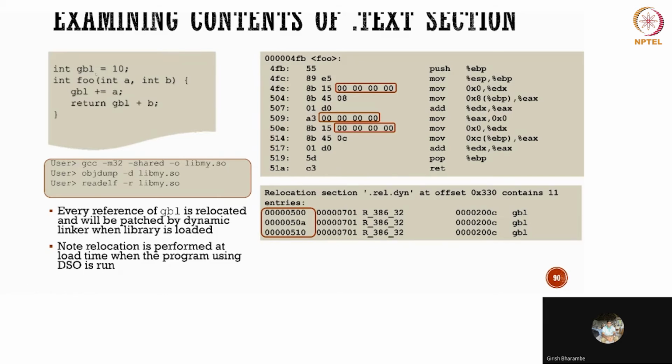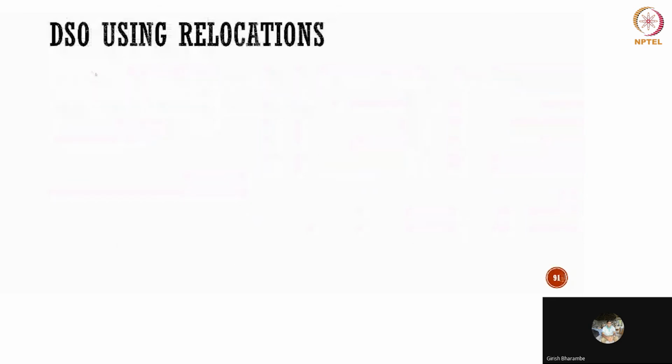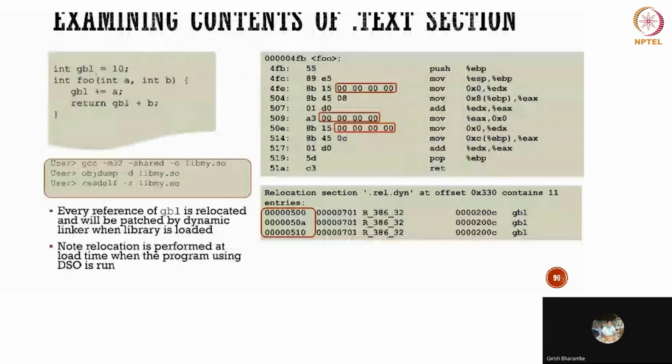So the instructions within foo will change to the address of GBL, which is specific to my P1. My process P1 loaded the shared library at address 500, so the address of GBL, for simplicity, is 500. All these instructions would be modified by the dynamic linker to address 500.